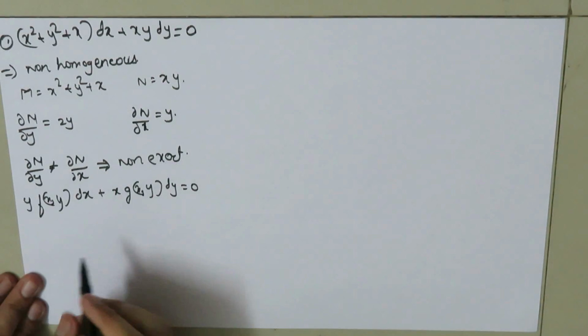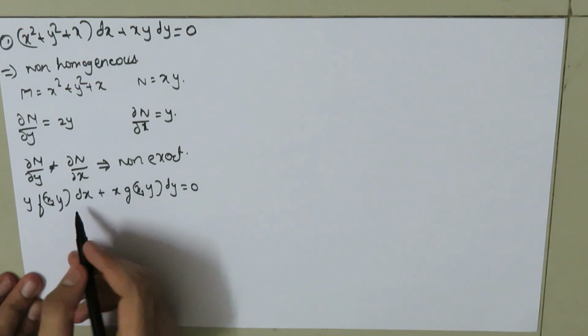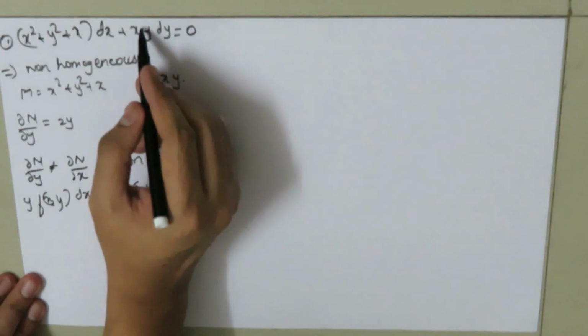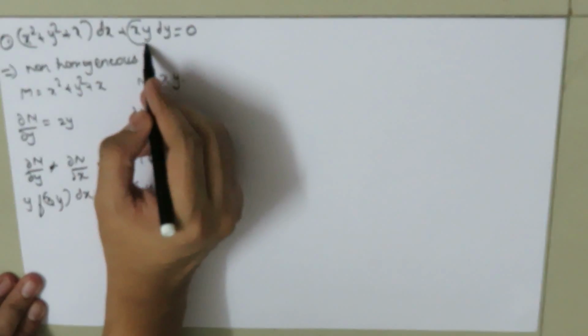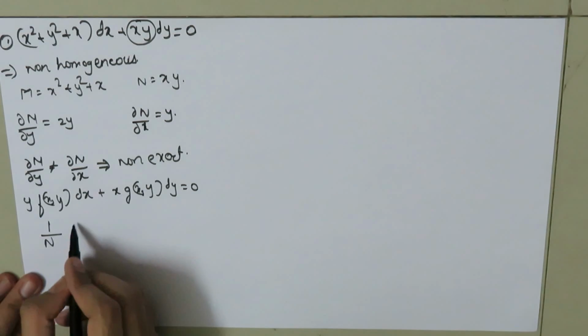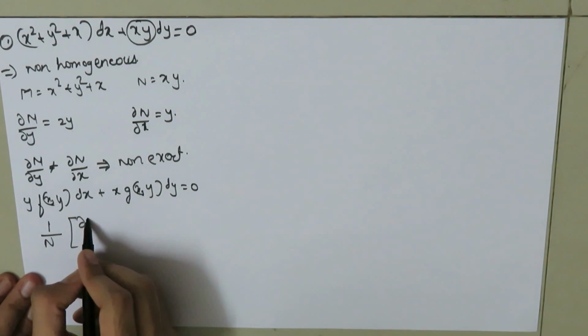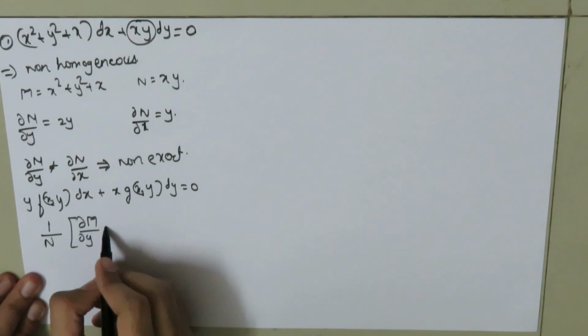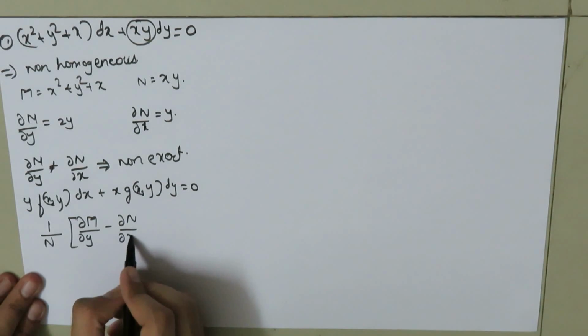Now there are two possibilities, as I said, but as N has fewer algebraic terms, we are going to make use of this equation: 1/N times (∂M/∂y minus ∂N/∂x).